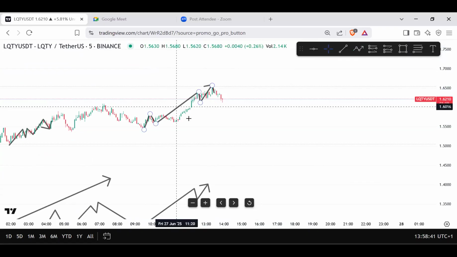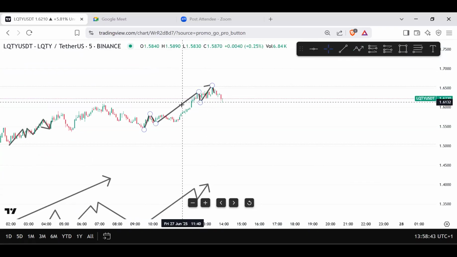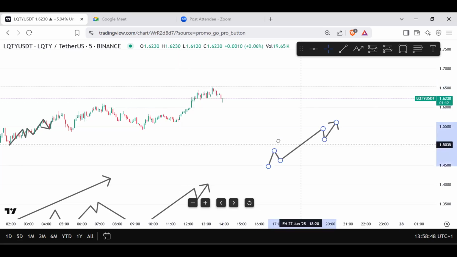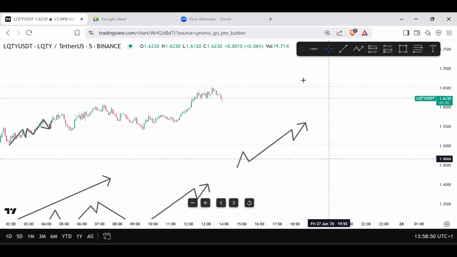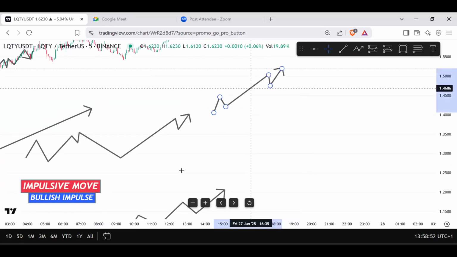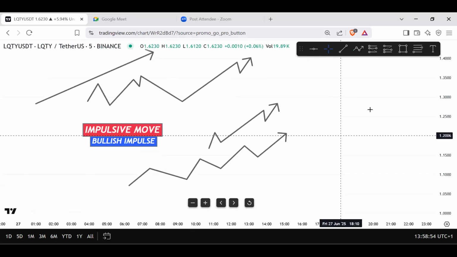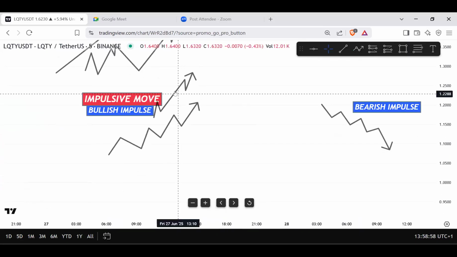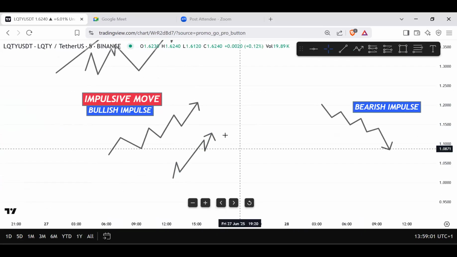Is this a bullish impulse or bearish impulse? This is a bullish impulse. It's similar to this one.